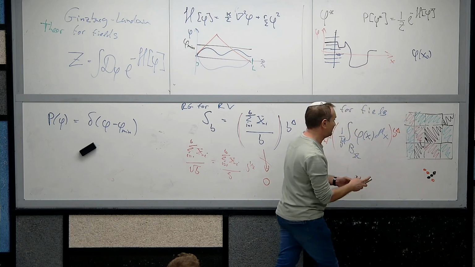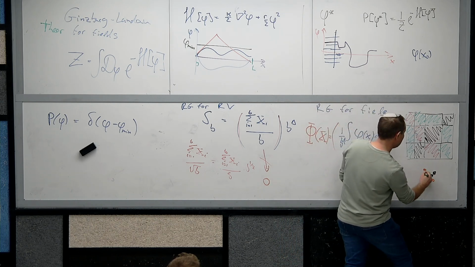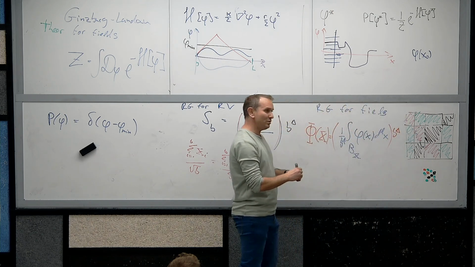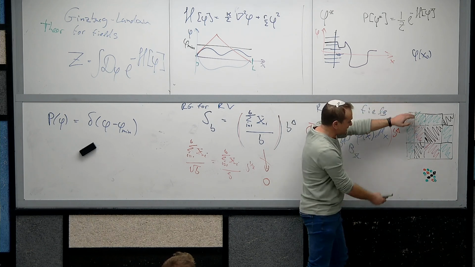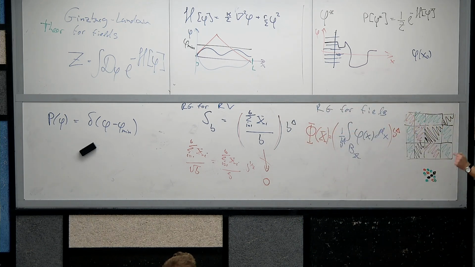And I will have green dots that sit over here, and over here, over here, over here, over here. So I zoom out, and I look at this big perspective as if I have single values of this field. Here it's black, black, black, green, green, green, green.